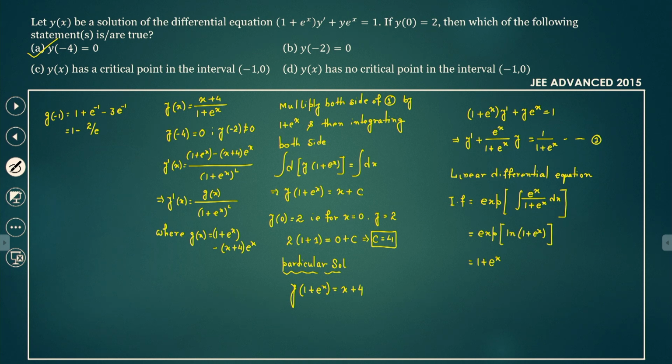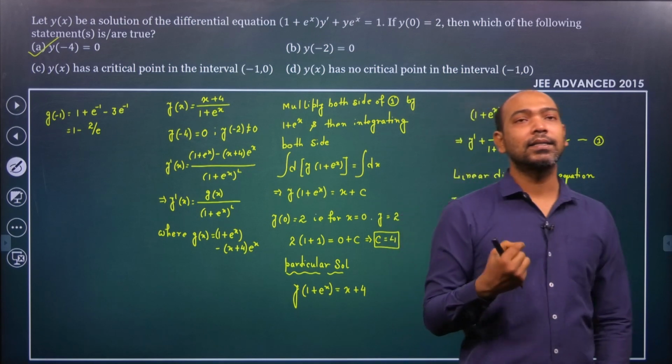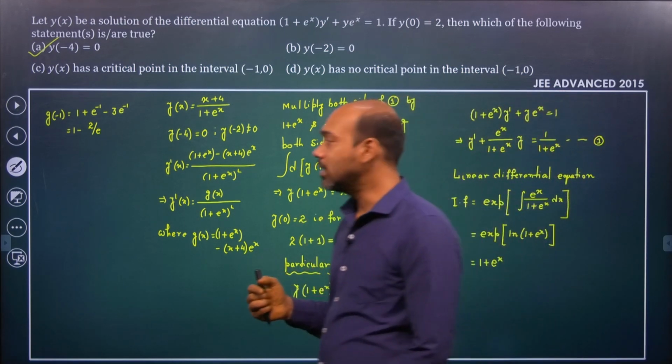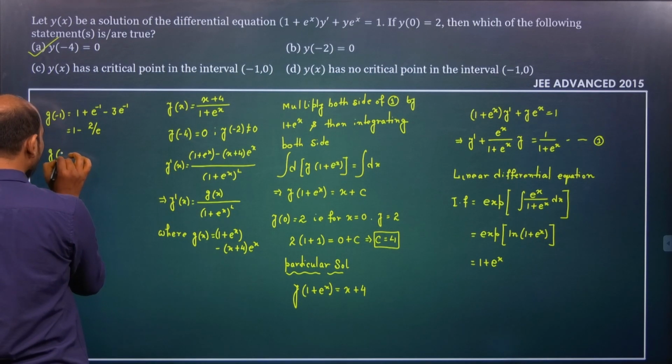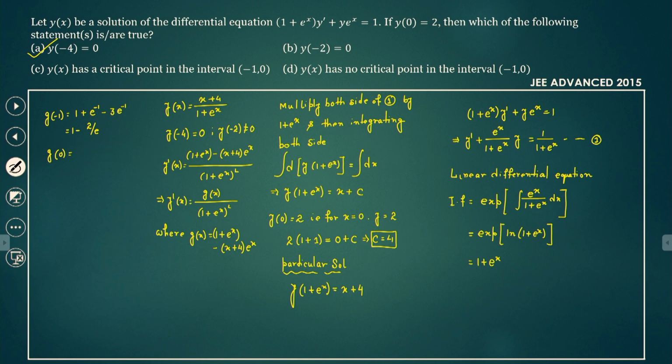So g of -1 is 1 minus 2 by e. And if I calculate g of 0, what will happen? Let's calculate g of 0. So g of 0 is much easier. It will be 1 plus e to the power 0, that's 1, plus minus 4, and that's why I'll get it as -2.